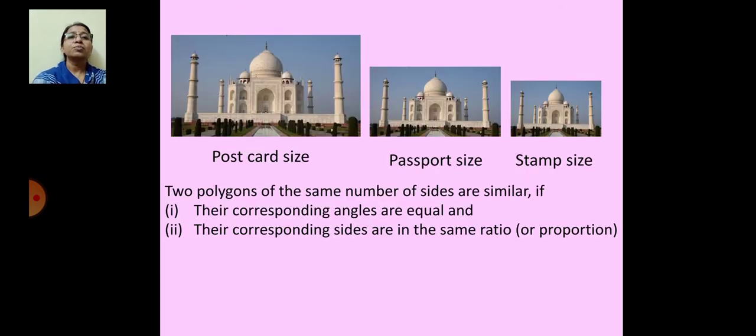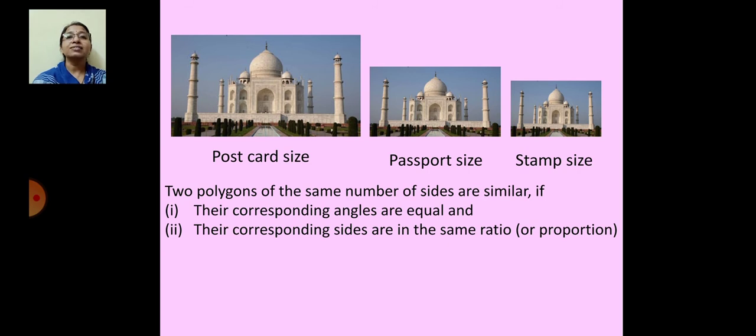So children, you must have heard about postcard size photograph, passport size photograph and stamp size photograph, isn't it? What does the photographer do? Whatever original negative film he has, he just enlarges according to the required size.